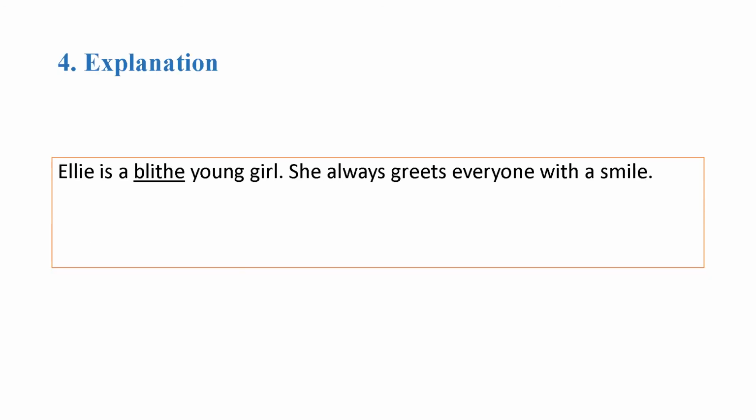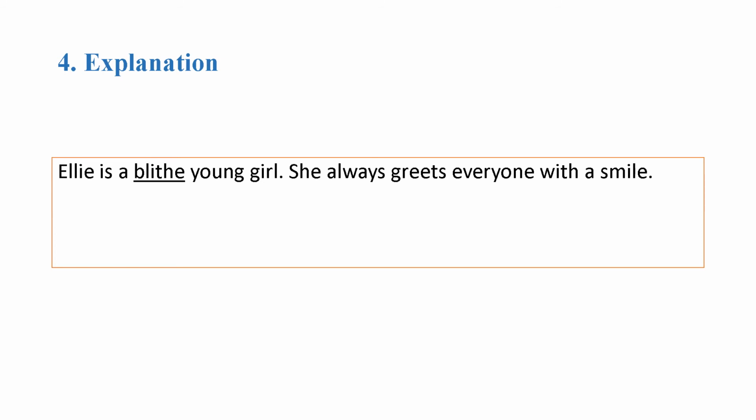Okay, this step of context clues asks a reader to make connections throughout the text. Here is one example. Ellie is a blithe young girl. She always greets everyone with a smile.